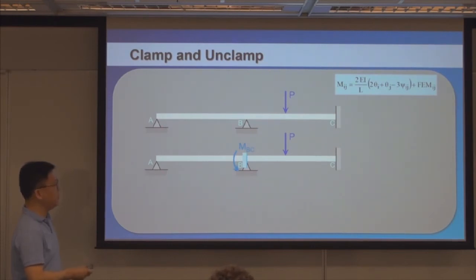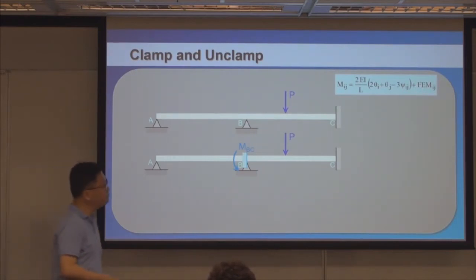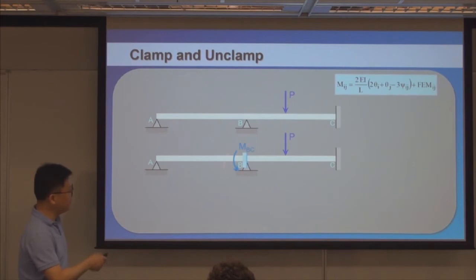This MBC can be obtained using slope deflection, right? Because this is clamped, the rotation angle equals 0, no rigid body rotation, so all of these terms cancel. Only the fixed end moment remains, and the fixed end moment can be obtained from a lookup table. So we can get MBC from the lookup table, also MCB.